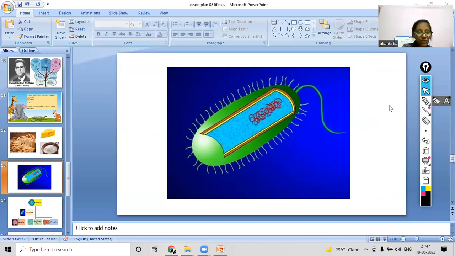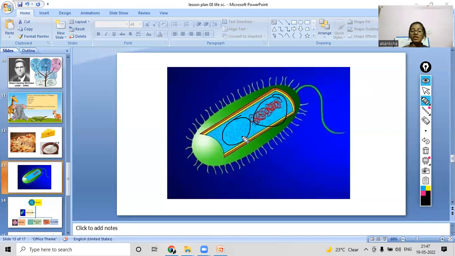Now we will move ahead. What are some characteristics of Monera? This organism also comes under Monera. They do not have a defined nucleus, as you can see, there is no nucleus. They do not have a defined nucleus or any organelles like endoplasmic reticulum or Golgi bodies. Nor do they show multicellular features.